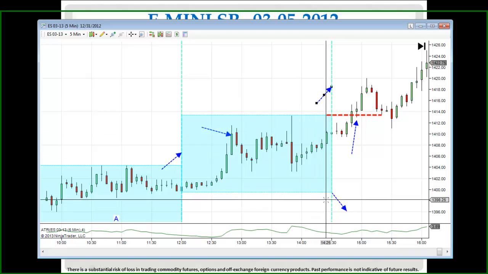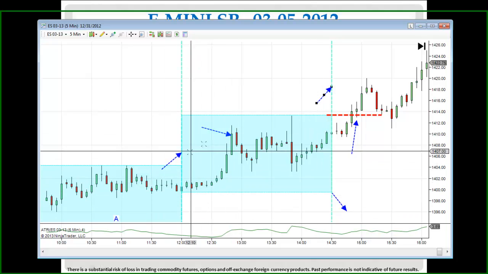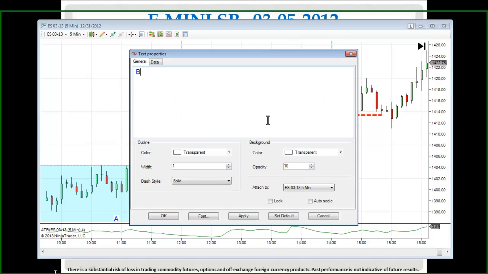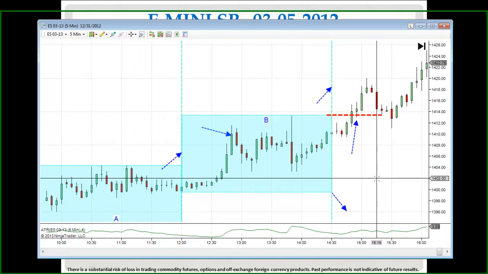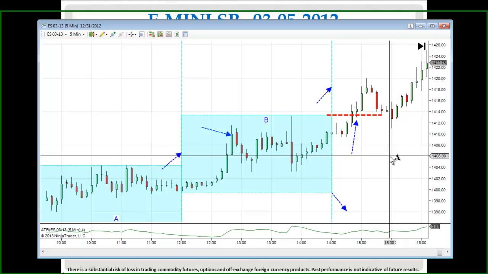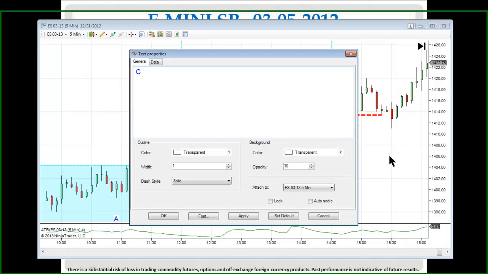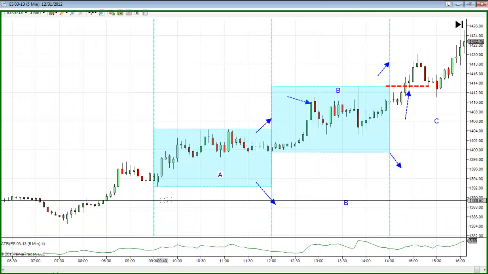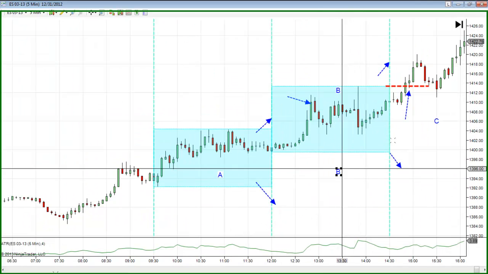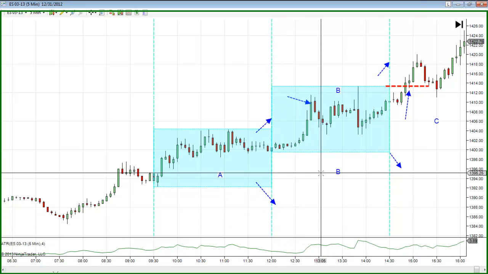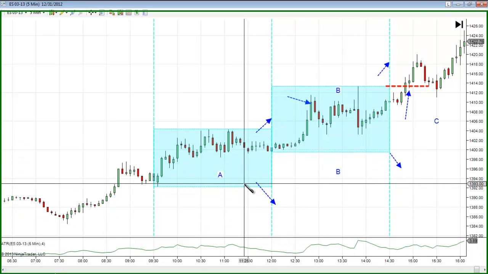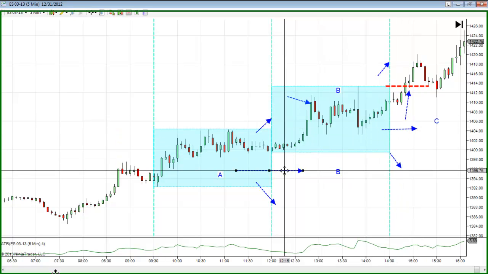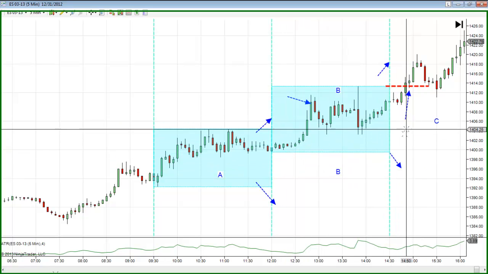So I'm using price again for the relationship between B and C and the original A and B. Okay? Just like this, A to B, B to C. A to B, B to C. So I'm looking at this, and I'm looking at what happens in relationship there. Okay?